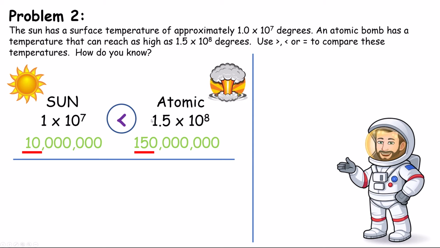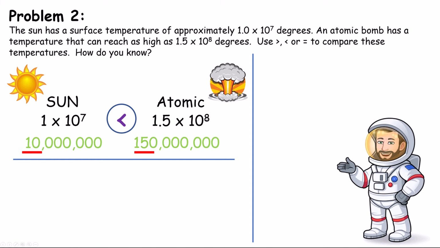This one right over here is worth a whole lot more than this one, because this one is in the 100 millions place. This one has a value that is 10 times greater than this one. How do I know this has a value that's 10 times greater than this one? Because this one is pushed over 7 spaces, or this one's going to have 7 zeros after it. This one gets pushed over 8.